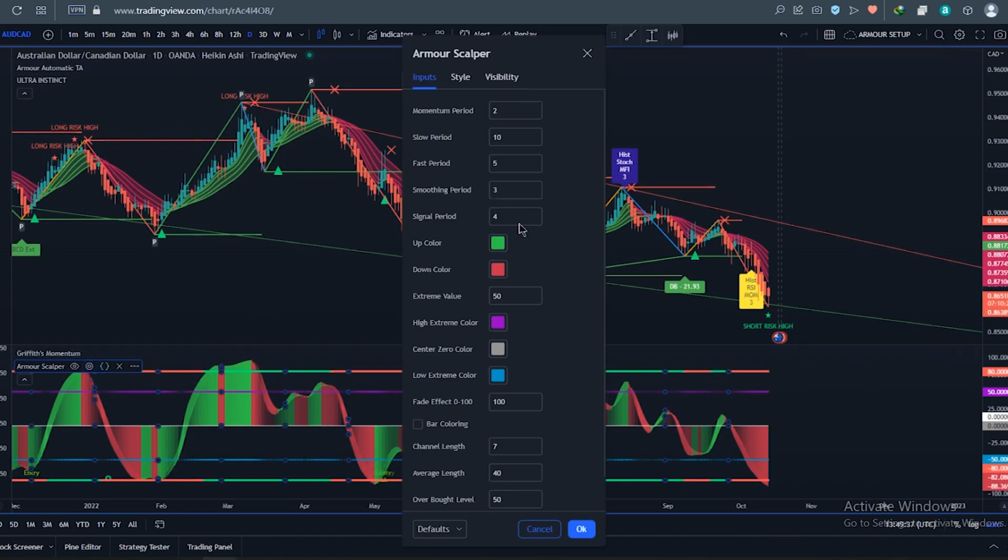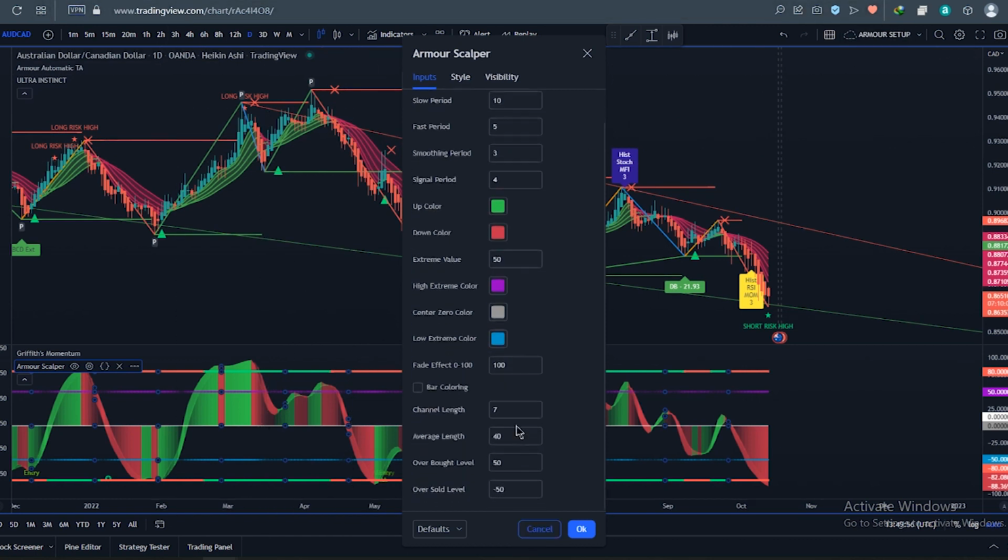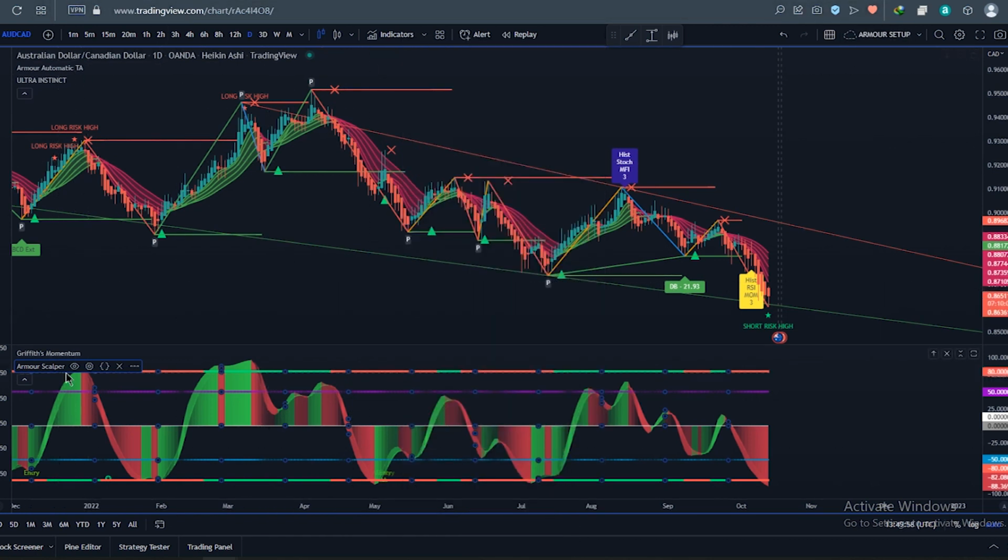No need to do anything else. Just disable the bar coloring if you don't want the default bar coloring like this. Disable it and you will get natural colors from TradingView. Click OK, and that's pretty much it.